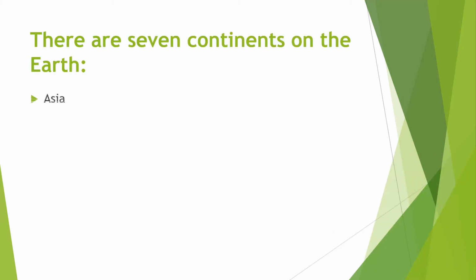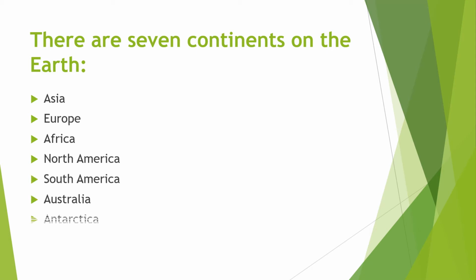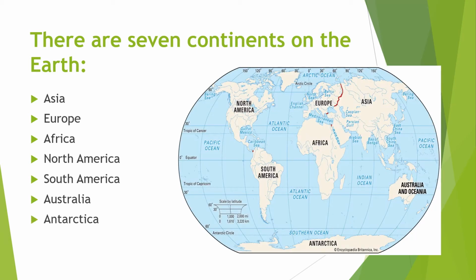So students, as we can see, Pangaea broke off to form the 7 continents of the planet Earth. These 7 continents are Asia, Europe, Africa, North America, South America, Australia, and Antarctica. Let's take a look at these continents on the map given to us.